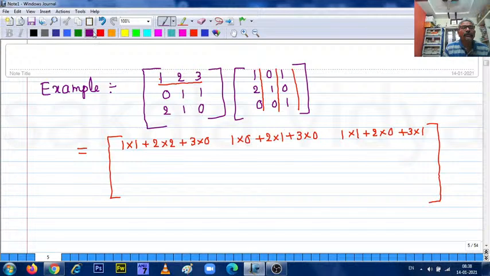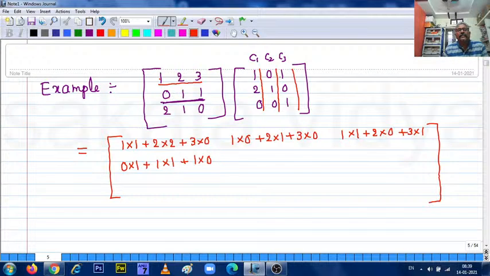Now go to R2. You take R2 with C1, C2, C3. R2 C1, R2 C2, R2 C3 you need to write. This is 0 into 1 plus 1 into 1 plus 1 into 0.